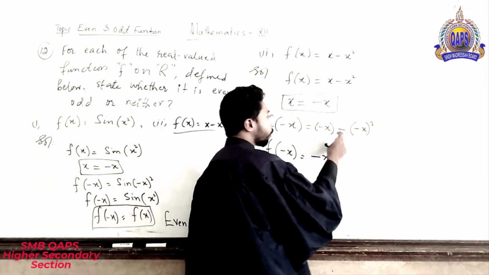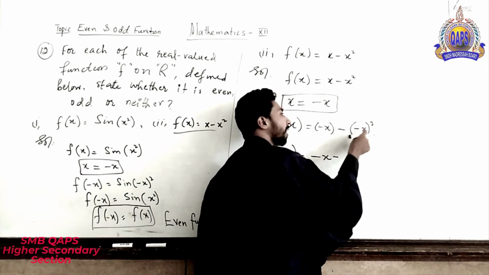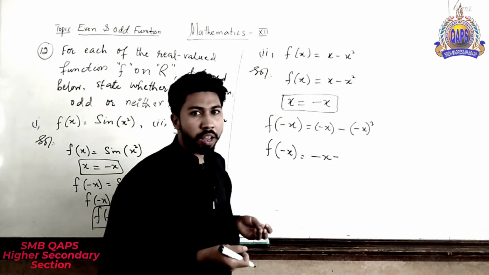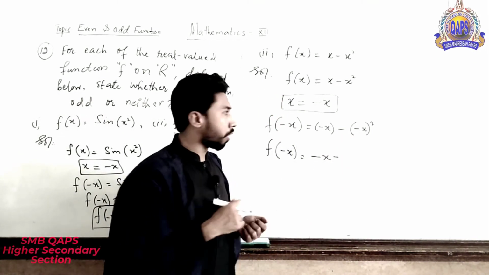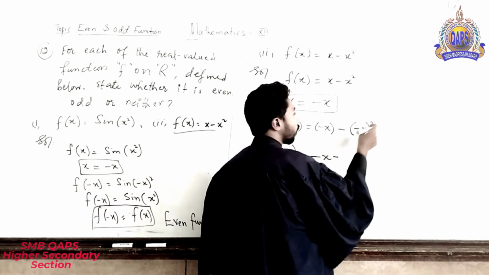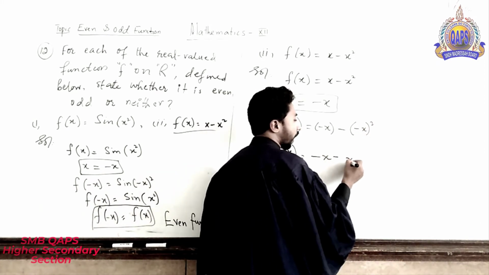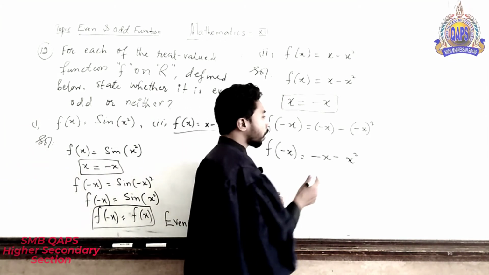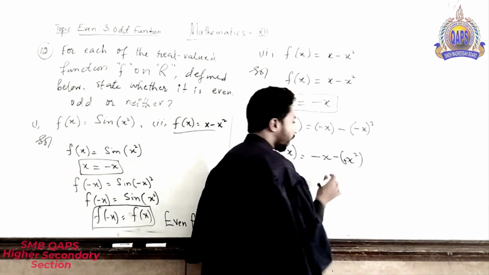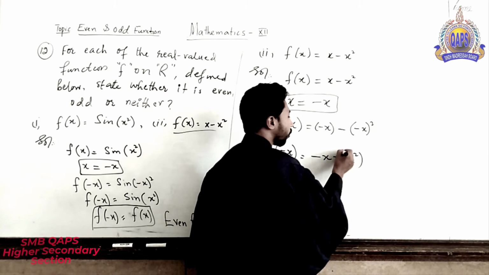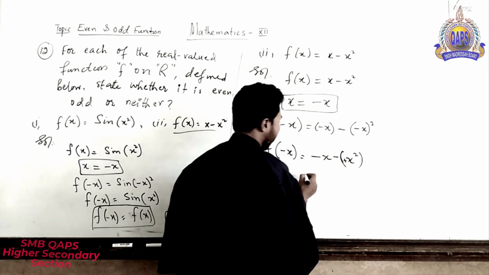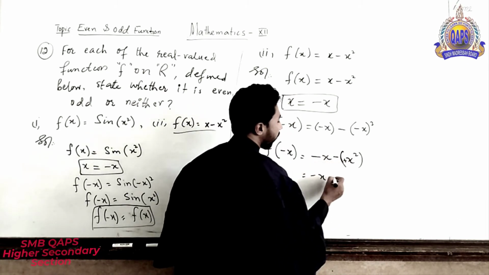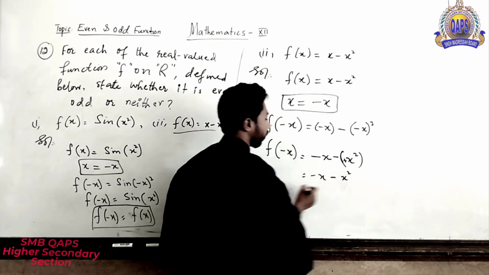But when you multiply the negative sign two times, it converts into the positive sign. So the whole square of the negative sign is converted into the positive sign: negative multiplied by negative is positive, so minus x minus x square.